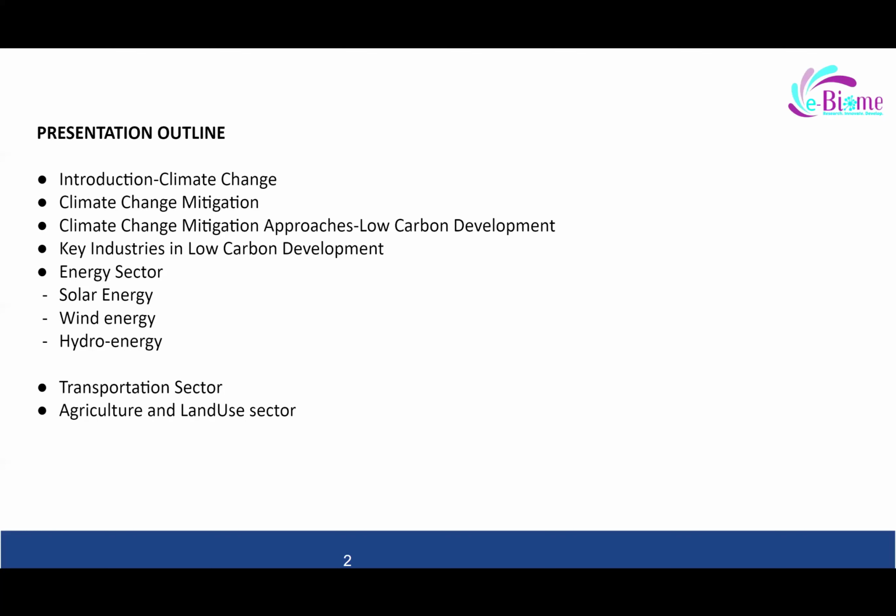So in this presentation, we looked at what climate change is, and climate change mitigation approaches, that's low carbon development. And then we'll look at the industries that are generating low carbon technologies.